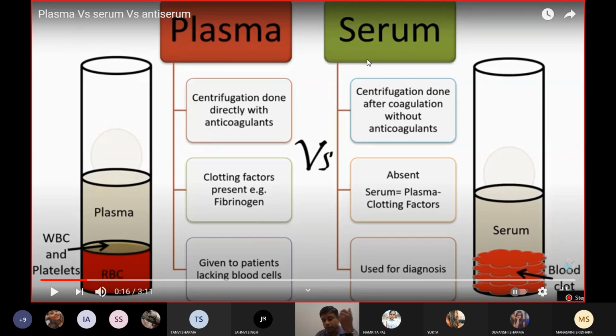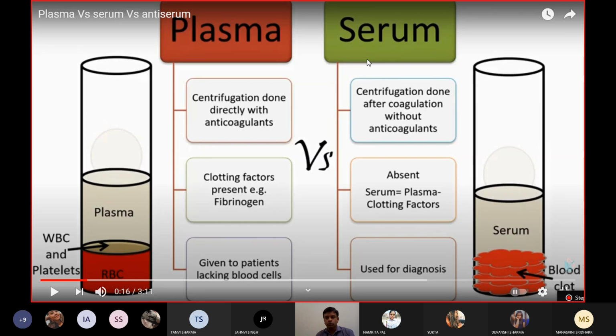We have already talked about the importance of serum. If there are some tests to be conducted, for example, if you have to carry out ELISA or any other specific diagnostic test, you will use serum. We usually don't use plasma for such diagnostic tests.